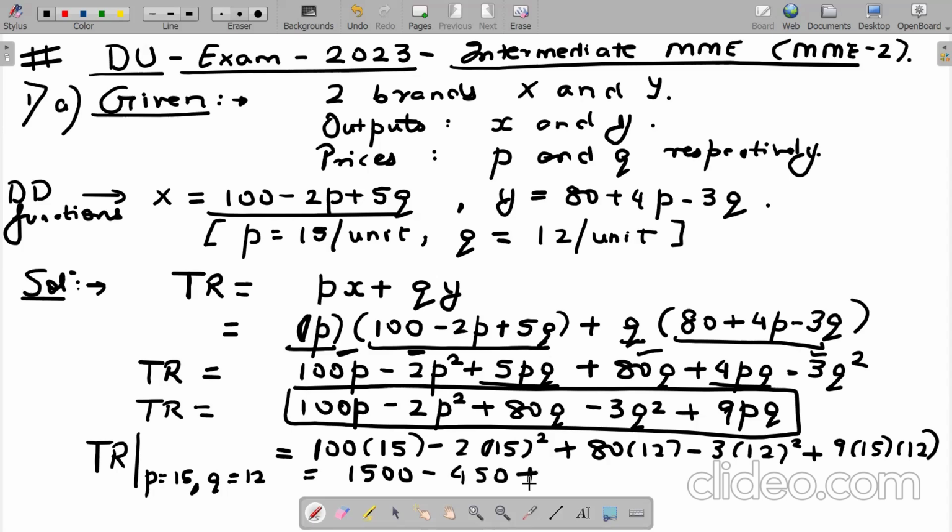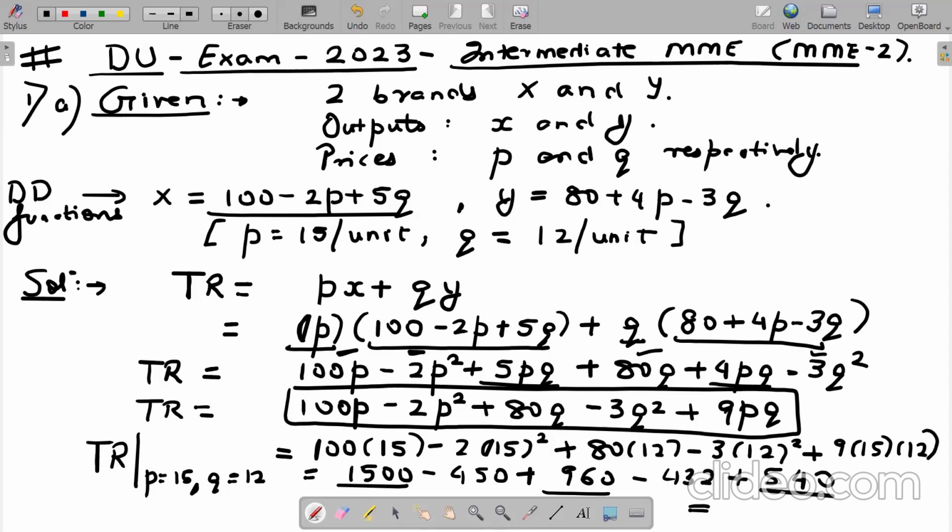Then 80 times 12 comes out as 960 minus 12 square is 144 times 3 is 432 plus 15 times 12 times 9 comes out as 540. Now let me add all the terms. 1500 plus 960 plus 540. Let me see what we get.